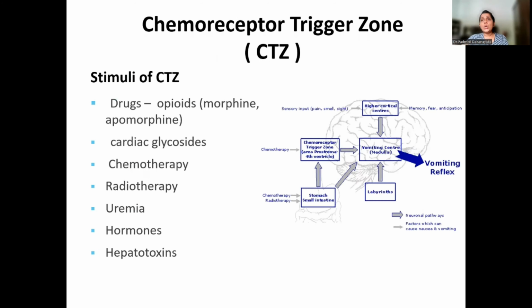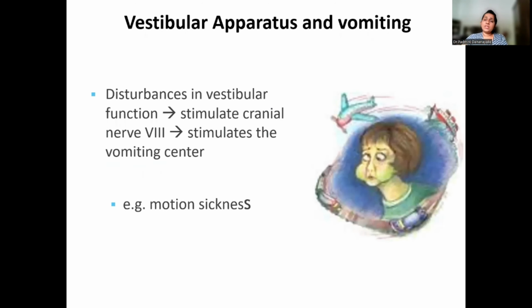So what is going to stimulate the chemoreceptor trigger zone? Drugs like opioids, morphine, apomorphine, cardiac glycosides, chemotherapy, radiotherapy, uremia, hormones, hepatotoxins, lots of things. You can see from this list that most of the drugs are going to stimulate the chemoreceptor trigger zone. The next stimulating sensory organ is the vestibular apparatus, which is located in your ear.